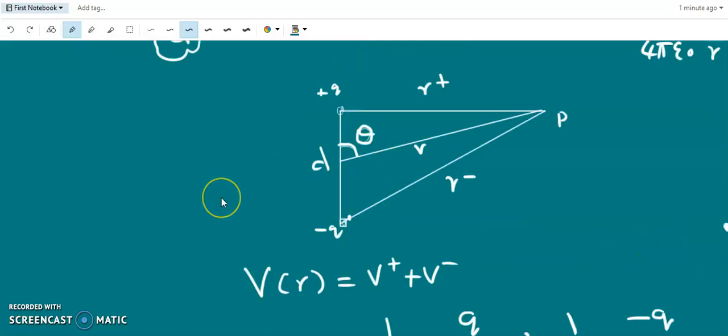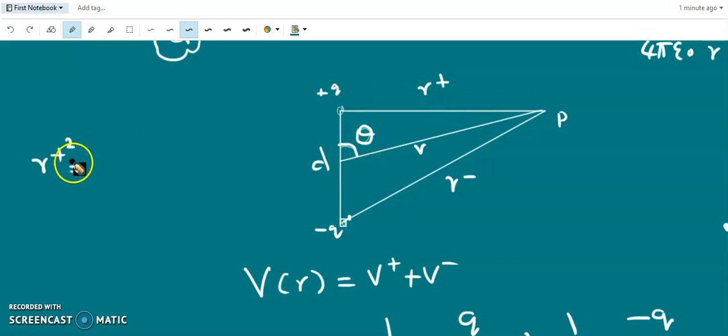Now from the law of cosines we can see that r plus square is equal to, so we have a triangle like this. The two sides are this side having a dimension d by 2, and this is r, and the angle between them is given.